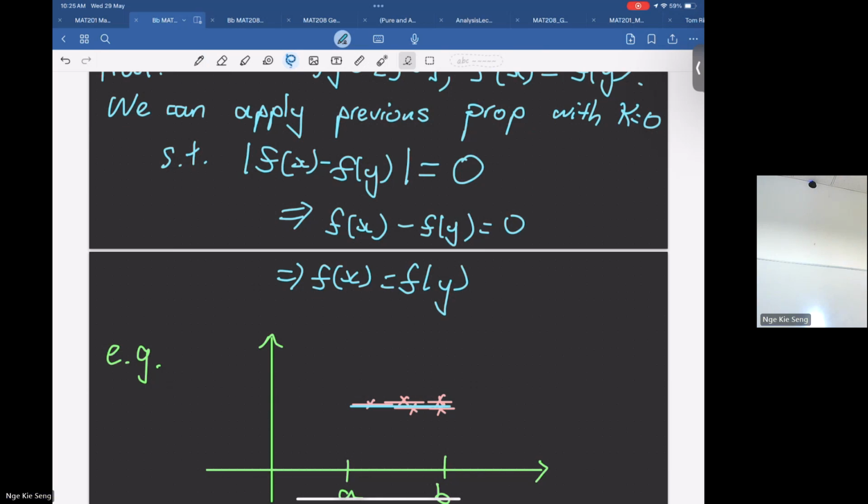But other than AB, different things could happen. Does it make sense? So the theorem just tells you that at every point in AB, the tangent line is horizontal, but you prove that this function actually is constant. So these tangent lines have to assemble together.